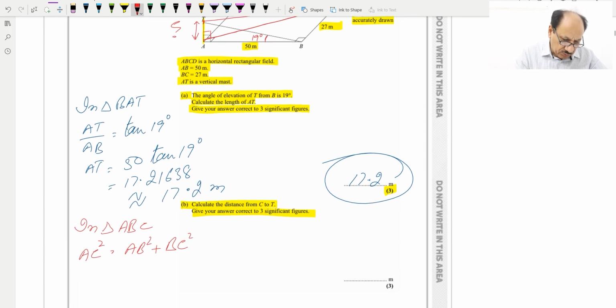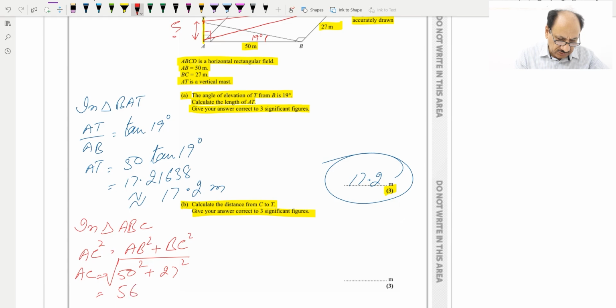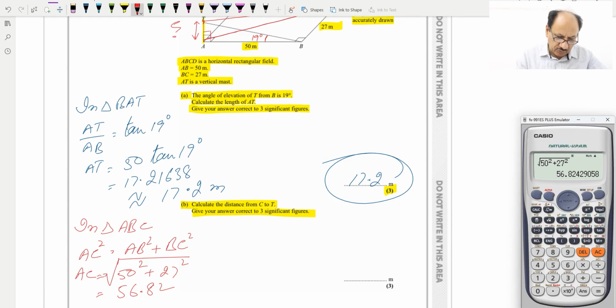So AC will be equal to the square root of 50 square plus 27 square, by Pythagoras theorem. Now we can calculate this, and this one we can write as 56.82, and the next number is 4, so we'll be leaving that.